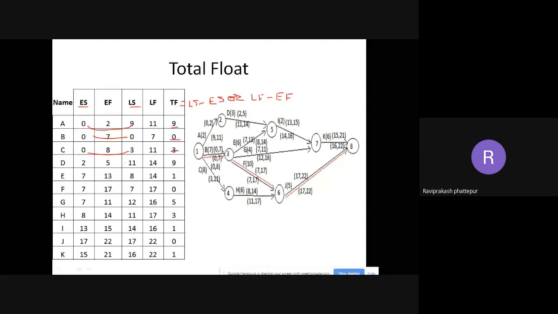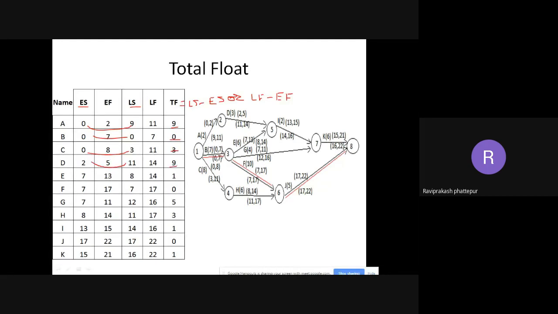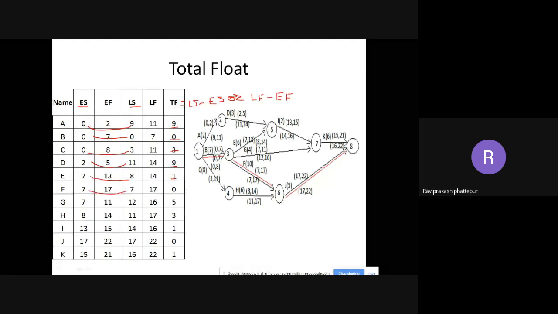Then 11 minus 2 is 9. 8 minus 7 is 1. And 7 minus 7 is 0. Then 12 minus 7 is 5. Then 11 minus 8 is 3. Then 14 minus 13 is 1. 17 minus 17 is 0. Then 16 minus 15 is 1.